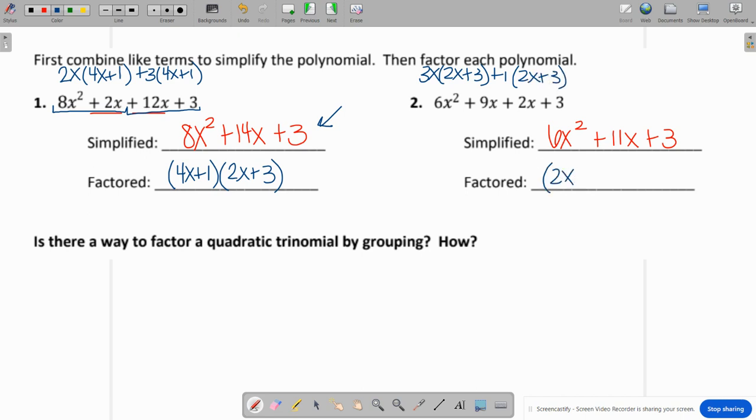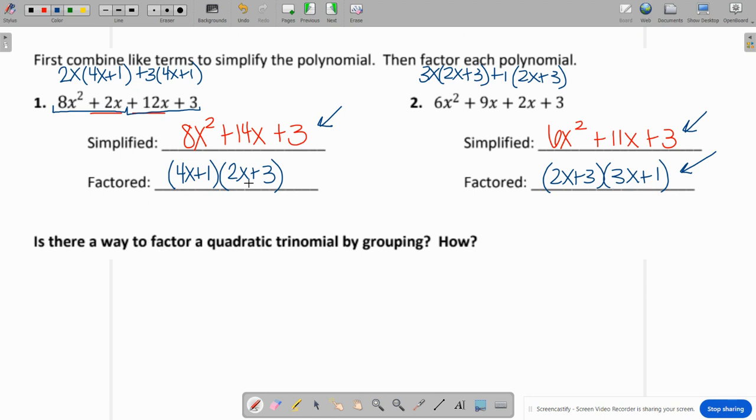So the factored form has a factor of 2x plus 3 and a factor of 3x plus 1. So what this is telling us is that we just factored this trinomial into a binomial times a binomial. But again, I wouldn't have been able to do it from this form. I was only able to do it from the form that had four terms.